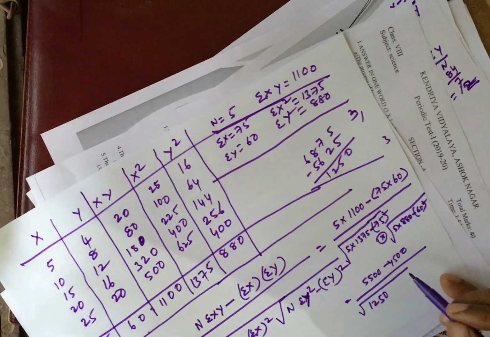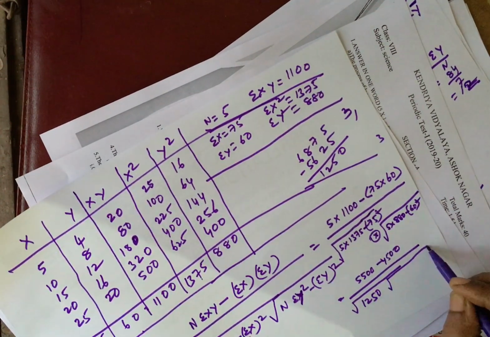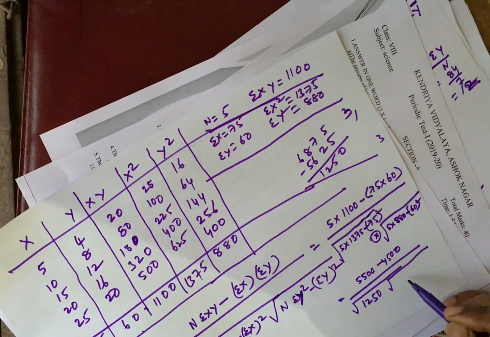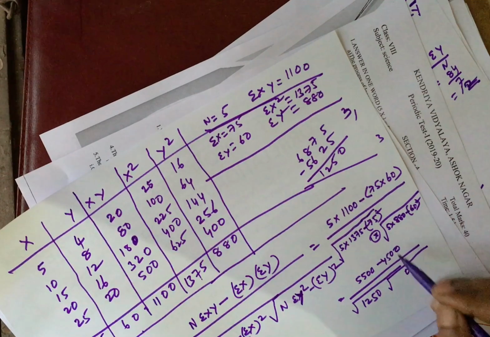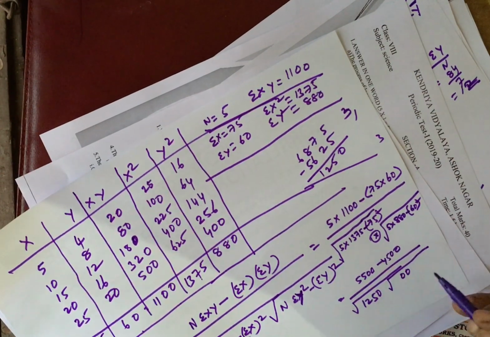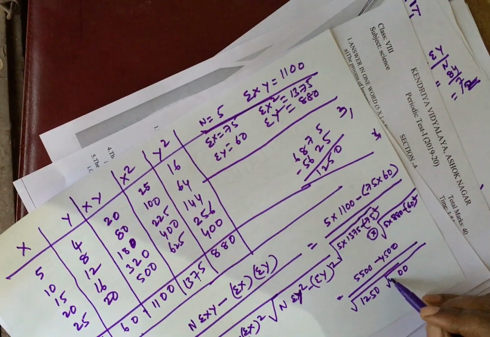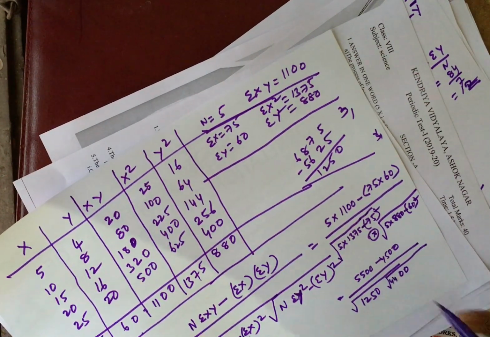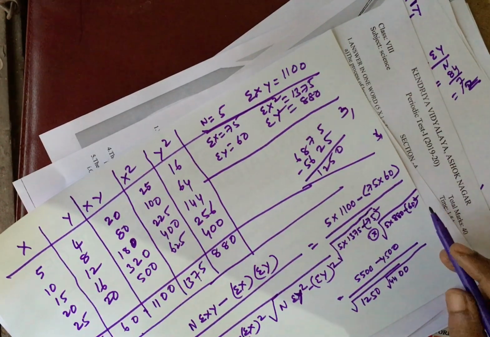Now the same way, 5 into 880 is 4400. Then 60 squared is 3600.